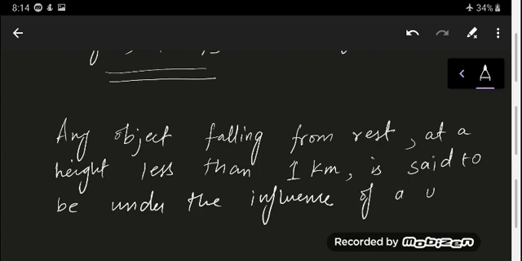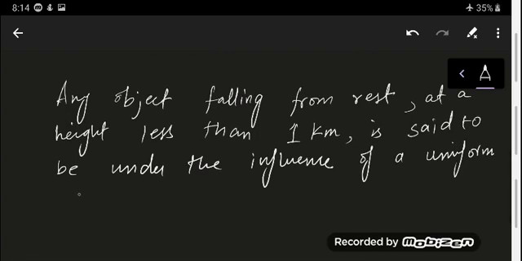What I mean by uniform gravitational field here is that this gravitational field is a constant, that is 10 meter per second square.